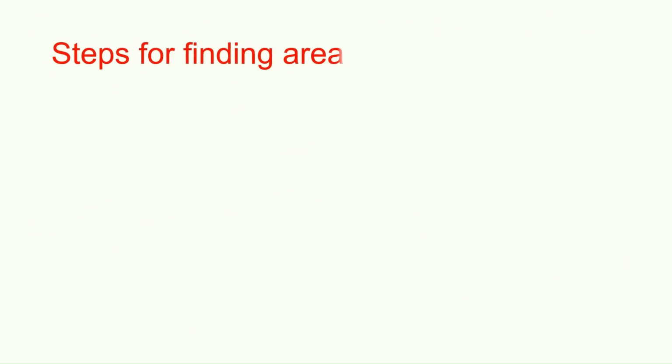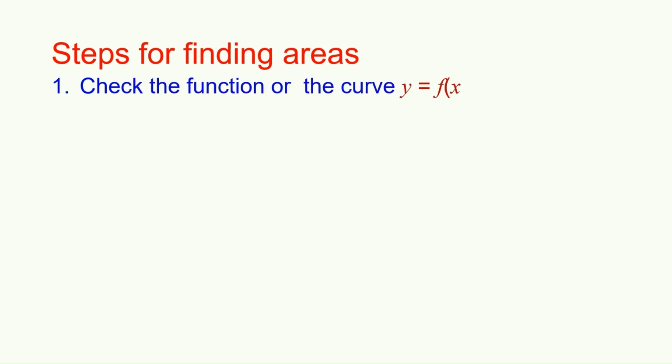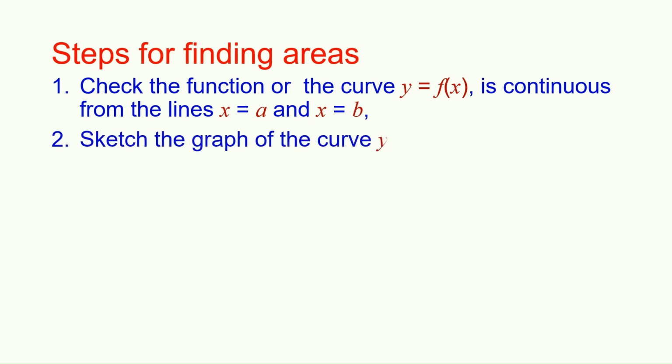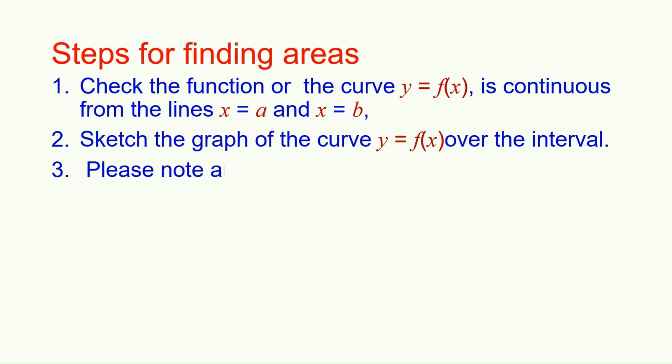Steps for finding areas. 1. Check that the function or the curve y equals f(x) is continuous between the lines x equals a and x equals b. 2. Sketch the graph of the curve y equals f(x) over the interval. 3.